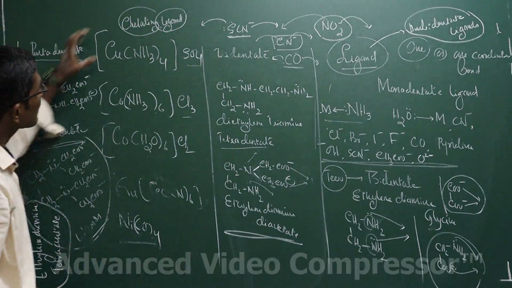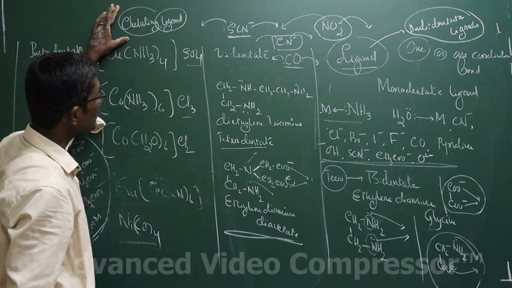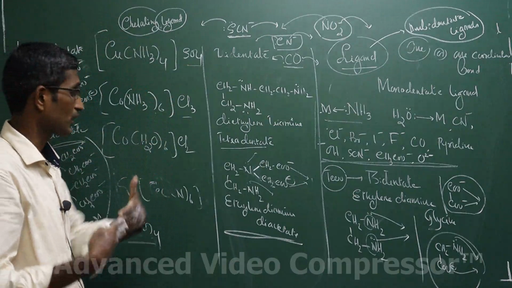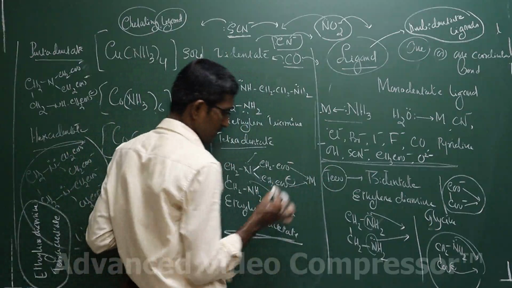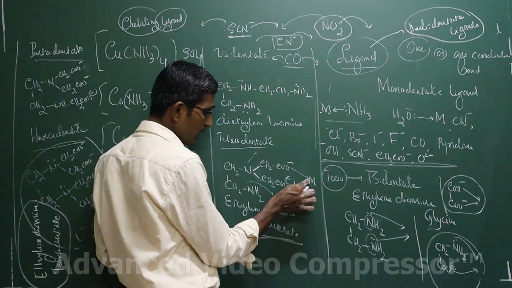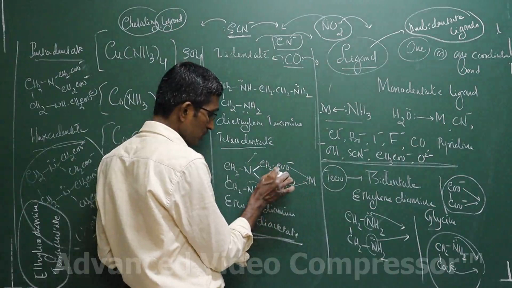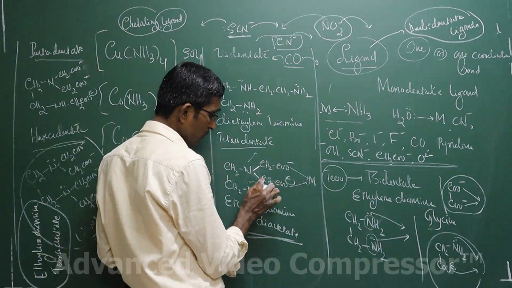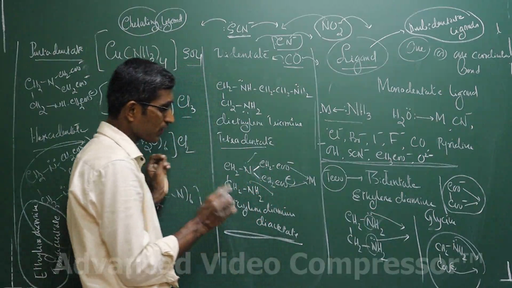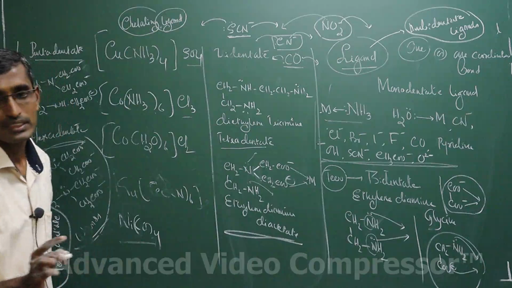Chelating ligands are the ones which make a chelate ring with the central metal ion. For example, if I keep a metal ion here, don't you think we made a ring? 1, 2, 3, 4, 5, 6-membered ring has been made. Yes, we made a 6-membered ring here.